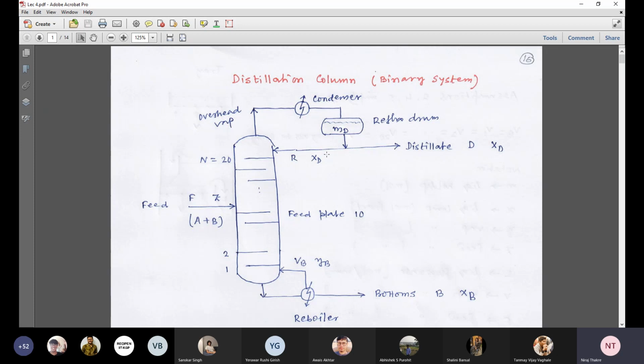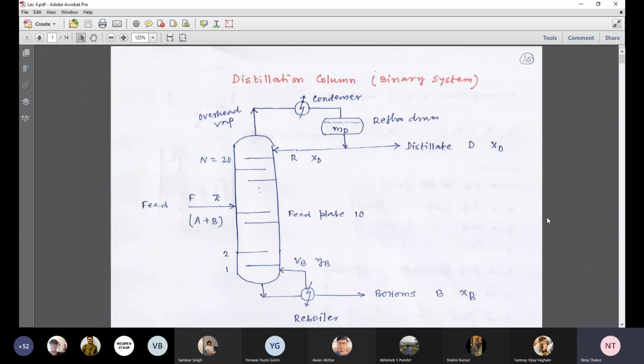Then we get gasoline. Gasoline is the name used in the United States, but in India it is called petrol. Then we get kerosene, then light gas oil, which in India we call diesel, then heavy gas oil. This way we get the products. So this is the use of the distillation column in a petroleum refinery.